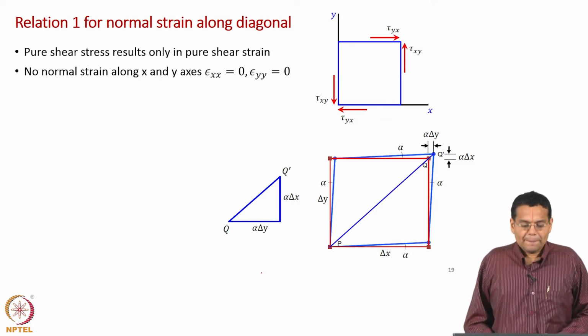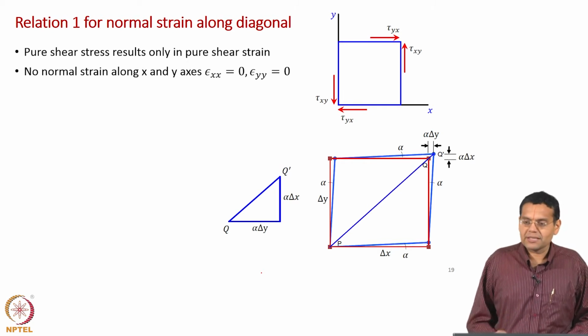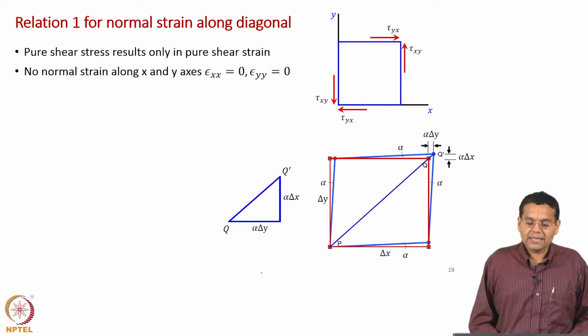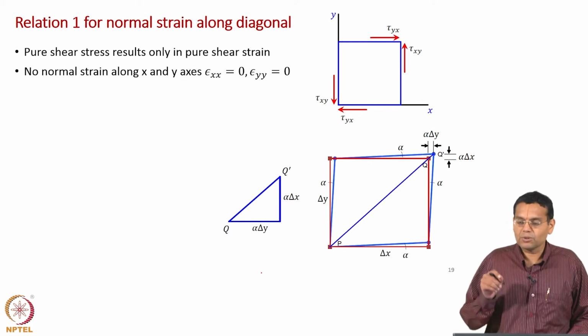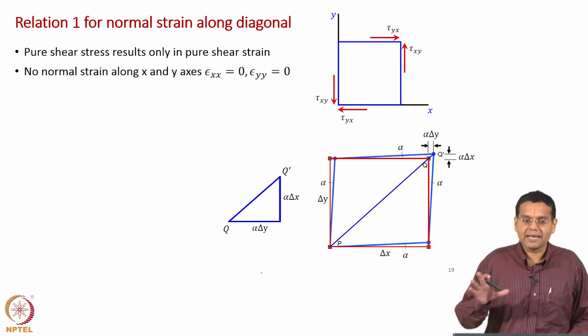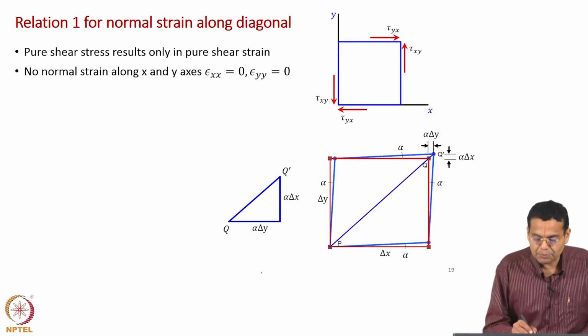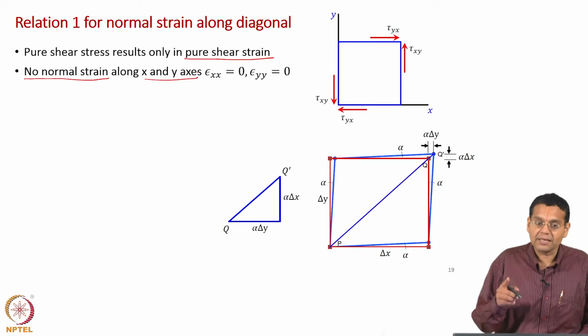Now, if you look at the title of the slide and this pure shear strain, it may look contradicting. The title says normal strain along diagonal, the first line says pure shear strain. When we say pure shear strain, it means that there is no normal strain along the x and y directions.